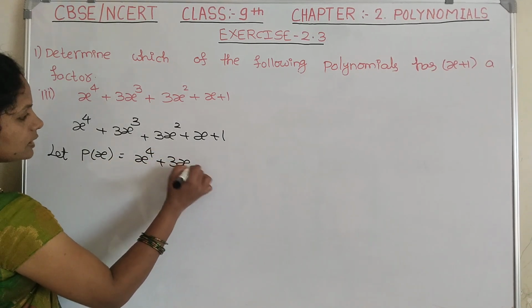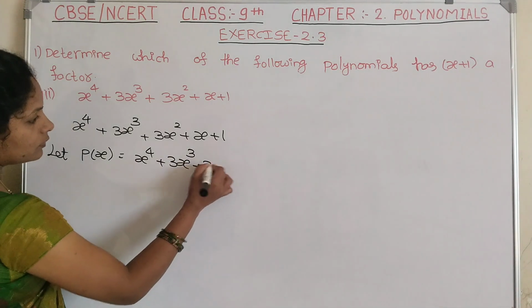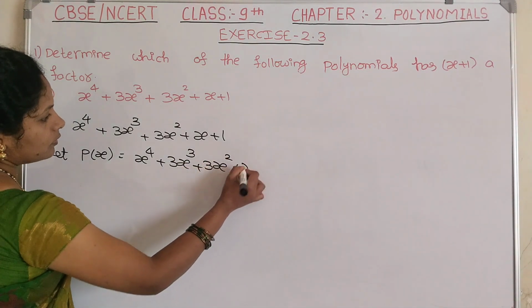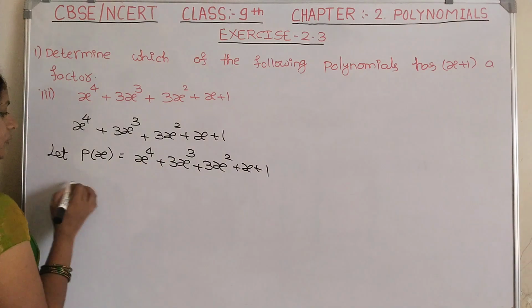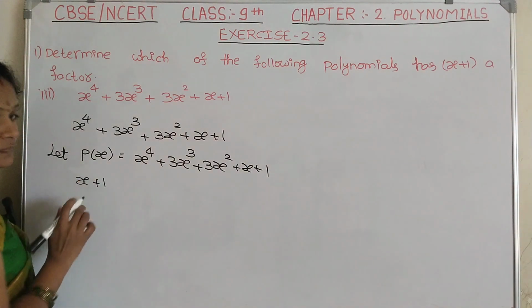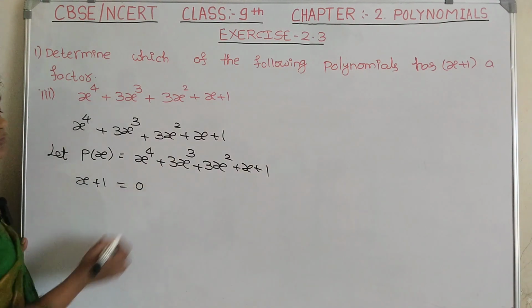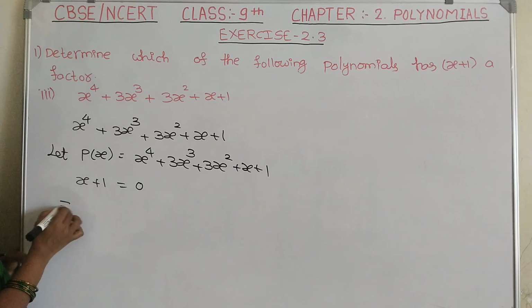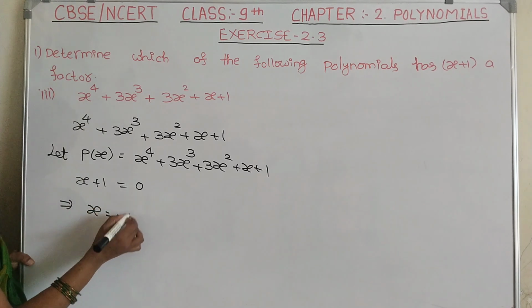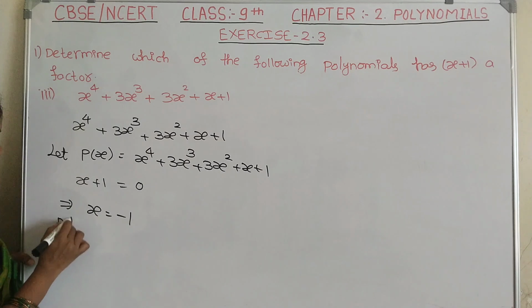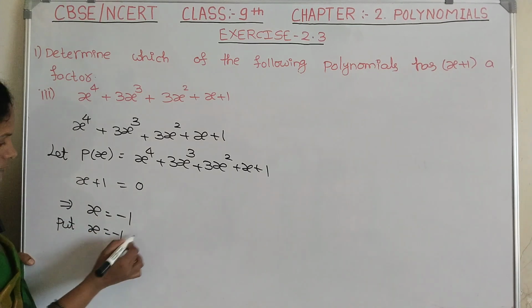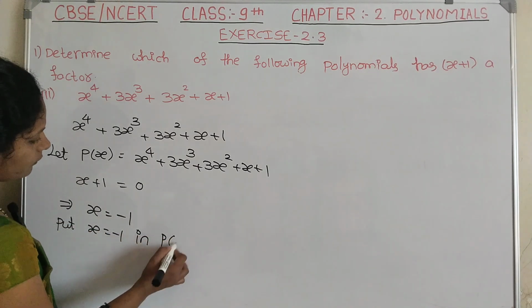I am writing the same here. It is given that x plus 1 is a factor, that's why it should be equated to 0. x is equal to minus 1. Put x equal to minus 1 in p of x.